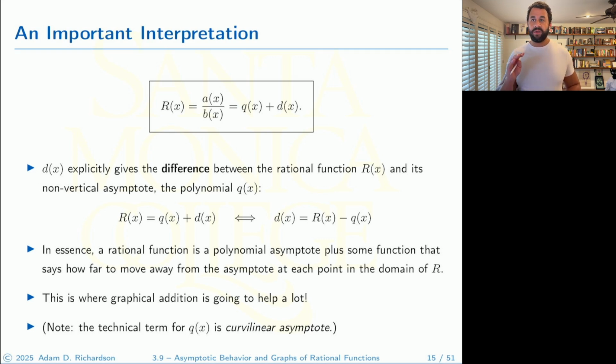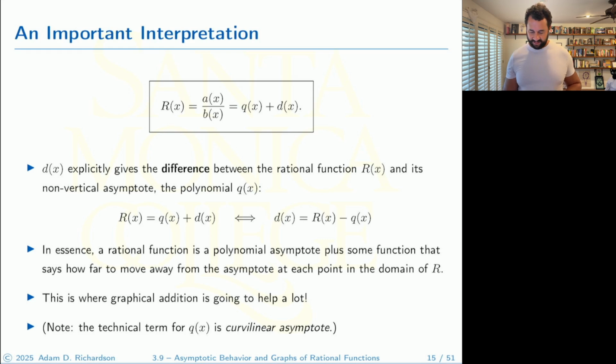So what we can do is figure out what the asymptote is, figure out what this difference function is, and then use that to determine, hey, does the graph lie above? Does it lie below? Does it cross? Does it touch? We can do all of that by shifting our analysis to that difference function, that little fractional bit.